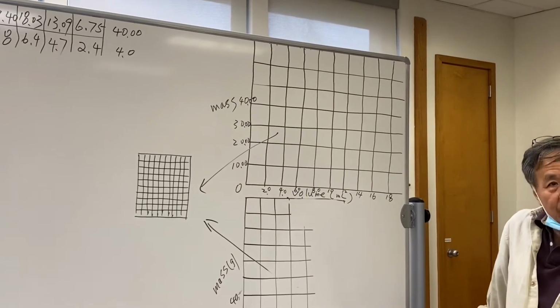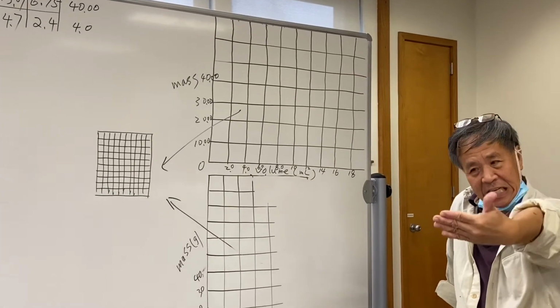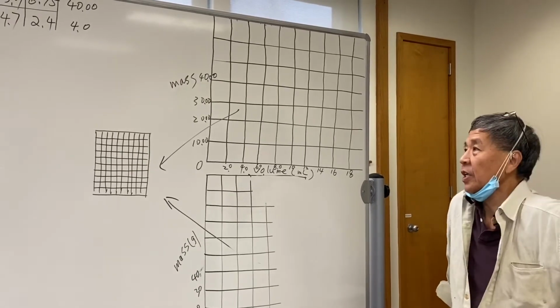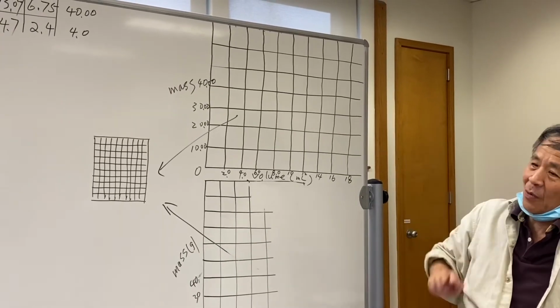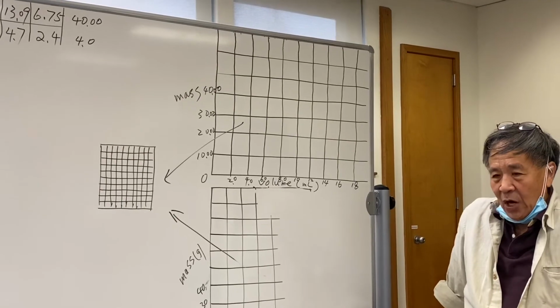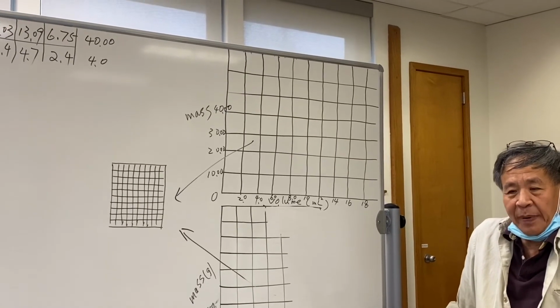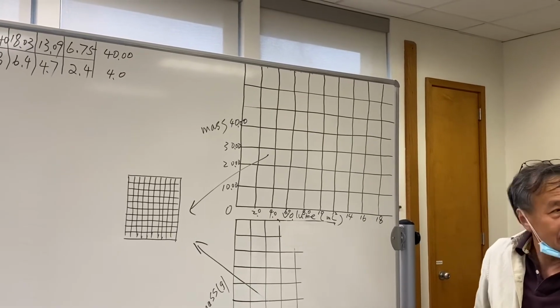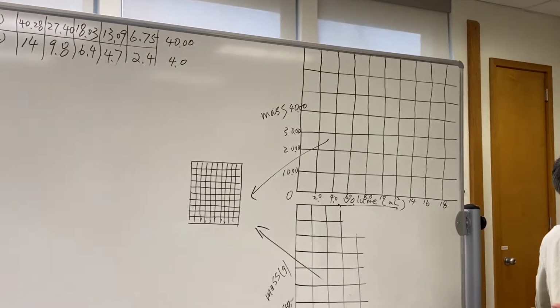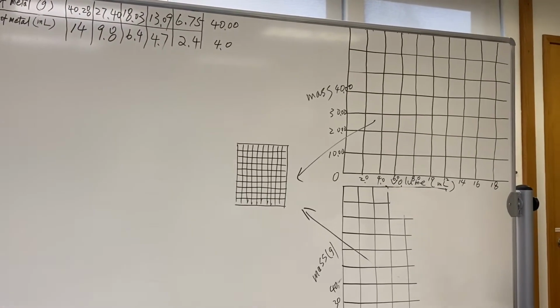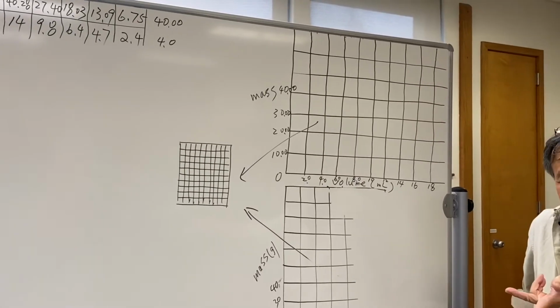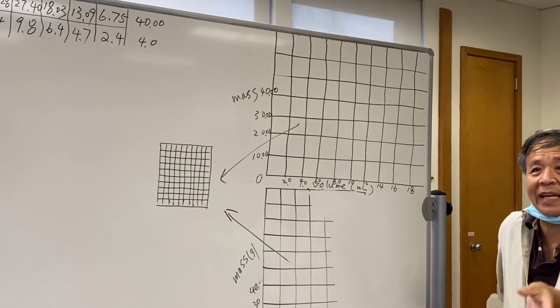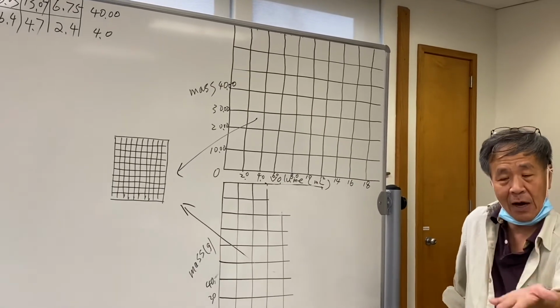Then we're going to use our page 19 to start our graphing work. Pages 20 and 21 are the samples. Page 20 is a sample of using page 19, and page 21 is the result of page 20.